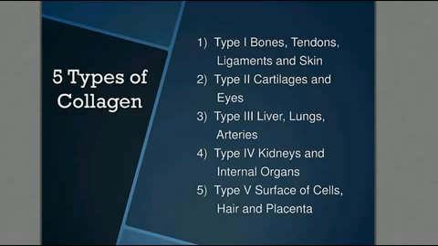Glyco meaning sugar, protein meaning amino acids. Elastin plus glycoprotein forms this rebar, this structural integrity between every cell, 70 trillion cells, and they all have to be held together. Medically speaking, we call it laminin. Laminin is the official name.